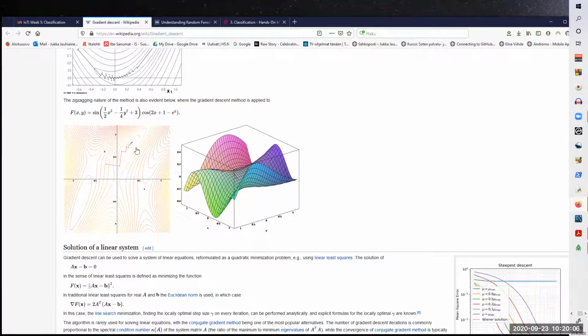Here is another function. The gradient goes to this local minimum, and as you see, there are other minima here, also in here. So it can be somewhat random into which of these local minima it goes.